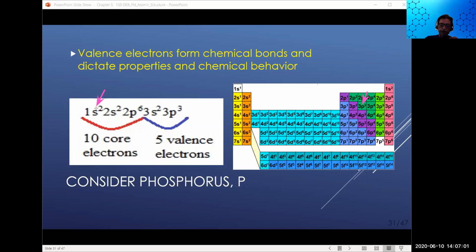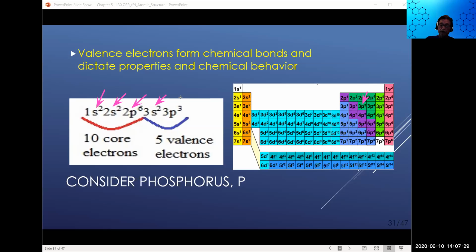1s2. That takes care of 2 electrons. And then we go to the next energy level, 2s2. That takes care of 2 more electrons. And then we go all the way across to 2p6. Phosphorus electrons then occupy the 2p6. And then we shoot back to the third energy level because that's where phosphorus is at. And we fill up the first 2 electrons, so 3s2.